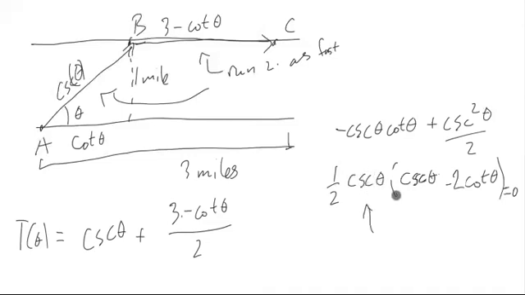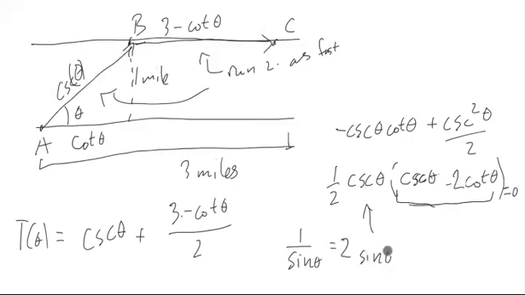Because it's the reciprocal of sine, it's not going to be 0 anywhere in there, and theta equaling 0 is out of the question. So let's take a look at this over here. Set this equal to 0 and put that on the other side, it is equal to 2.